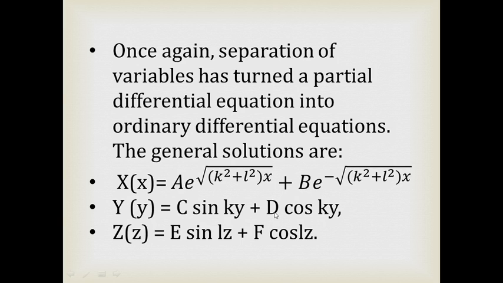This is a sinusoidal function because C2 was negative. And Z as a function of z is capital E sin Lz plus capital F cos Lz. Here A, B, C, D, E and F are constants of integration. They can be obtained by integrating our previous ordinary differential equations two times, and we will get this general solution.